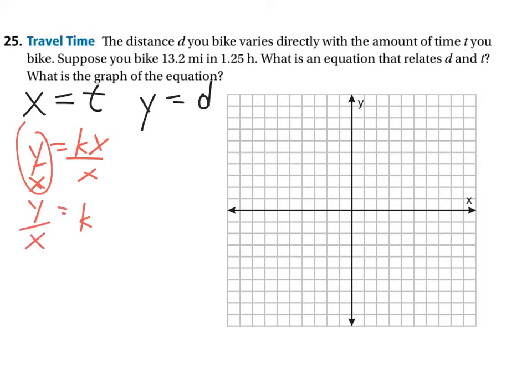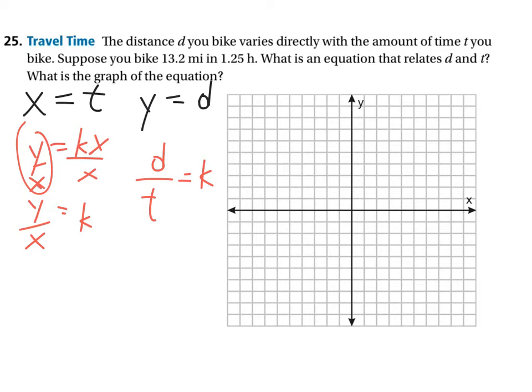So in this particular case, using the variables they're giving us, instead of y we're using d, and instead of x we're using t, as it says up top. So we can find the k value by dividing d divided by t.